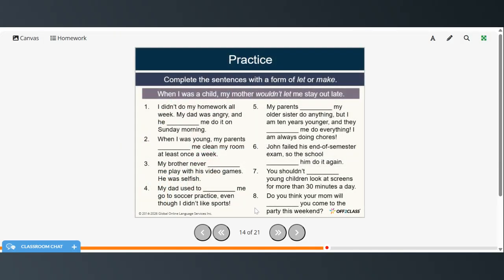Alright, now complete the sentences with a form of let or make. And here's an example. When I was a child, my mother wouldn't let me stay out late. You can pause the video, try these on your own, and then restart when you're ready to check your answers. I didn't do my homework all week. My dad was angry and he made me do it on Sunday morning.